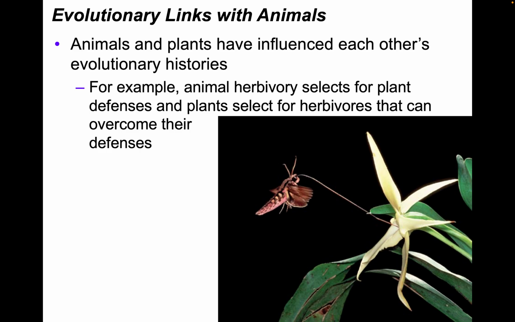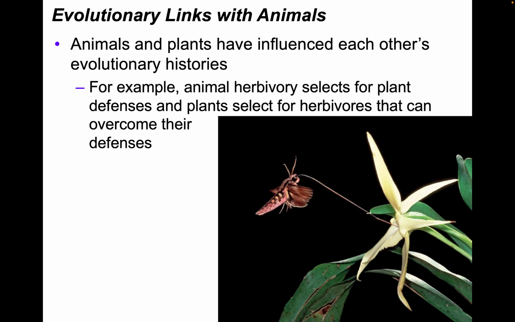The animal's goal is to get as much nutrients as possible. The flower's goal is to give as little nutrient as possible while still encouraging the animal to come, to make sure that if it gives away some nutrients, that the pollen will still go with the animal or the seed will still go with the fruit. So you see a lot of back and forth.